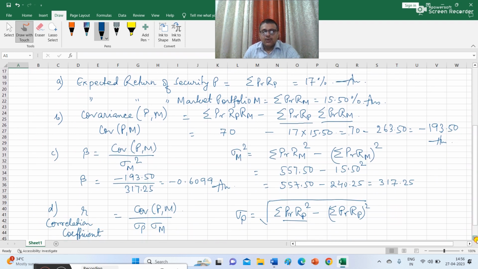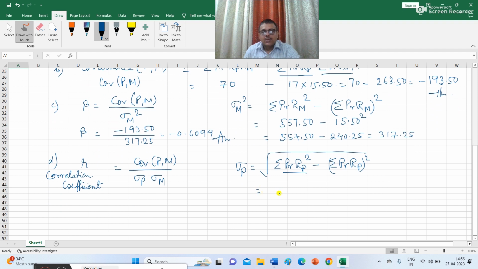So you will put these values. So you will get 430 minus 17 square. 430 minus 289 under root is 11.87%. And sigma m, the standard deviation of the market portfolio, is under root of variance.